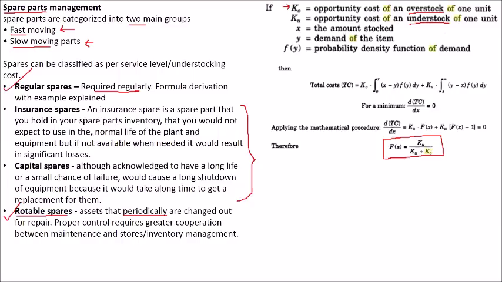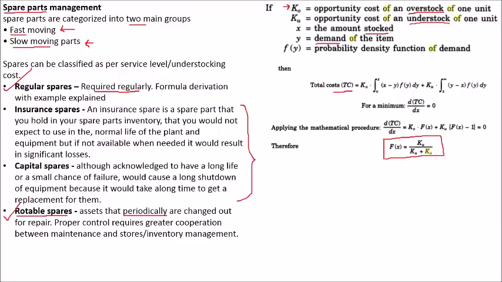So x is the stock which you have in your warehouse, and y is the demand for the item. So f of y is how the demand varies over time. Here we take the total cost.